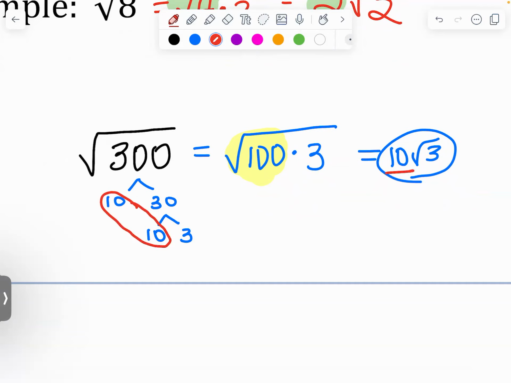So 10 squared comes out of our square root of 10, and then 3 is all by itself. It stays under the radical. If you need to solve it like that, that's fine. But I think that we are sharp enough to think of perfect squares that divide into our number.